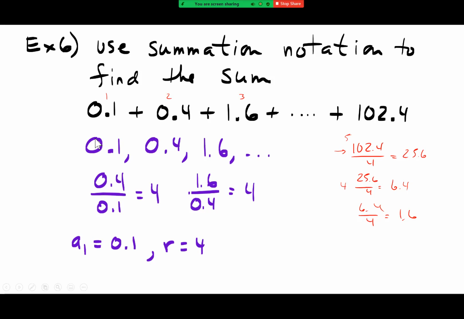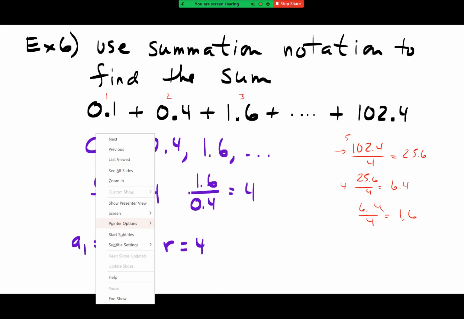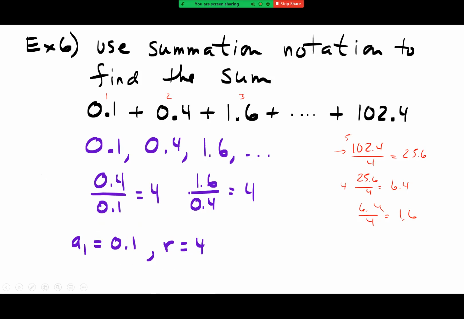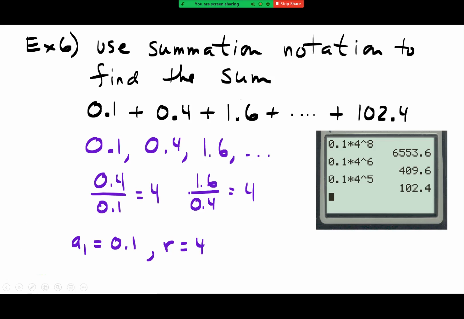Okay, let me show the way I did it, because I just want to see. I'm going to erase all this stuff here. You could also do it by calculator. You know that you already have 0.1, and you know the R value is 4. So at this point, it is 0.1 times R to the, and that's the question mark at that point.